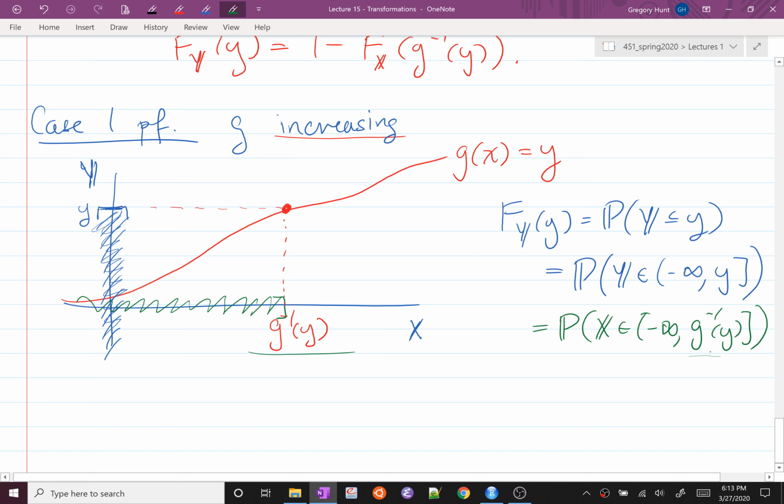So this g inverse is a true inverse. So my argument is that the probability that Y is in this set here corresponds to the probability that X is in the set negative infinity to g inverse of y. Or alternatively, if X is in the set, when I map it through g, then Y must be in this set here. And this, of course, is just F of X at g inverse of y, and that's exactly what I claimed in my theorem.